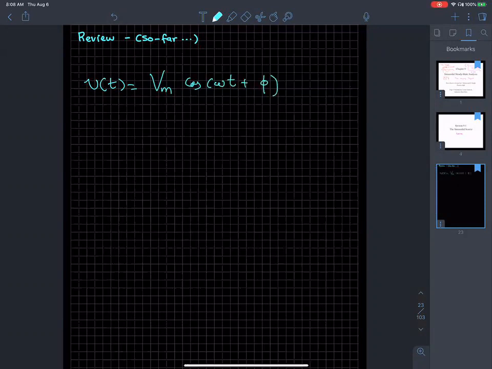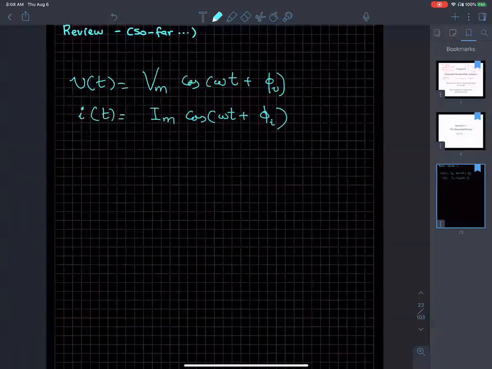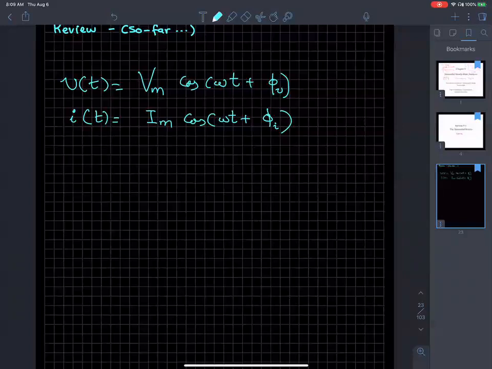So this is a representative time varying cosine wave for your voltage. If I had a time varying current, I would write it as Im cos(omega t plus phi I), to represent that it's a phase that corresponds to the current.